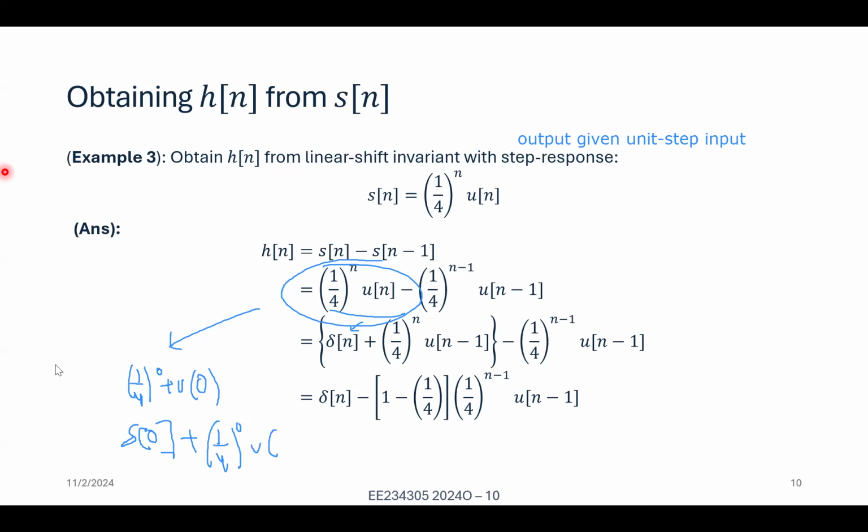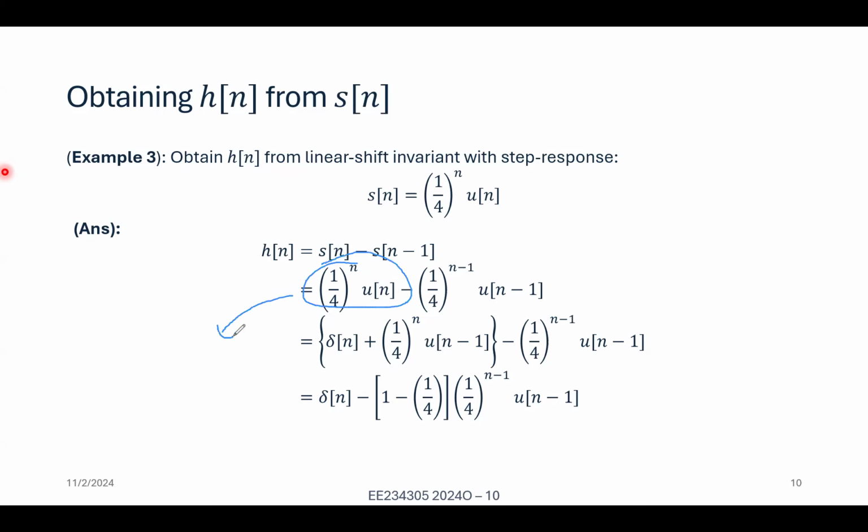So maybe the better way is, we know that this is n, right? So if n is 0, we have this term only. Now this is the impulse, plus all of this, so it's shifted by 1. So the remaining part is this one, minus 1/4 to the power of n minus 1 times un minus 1.